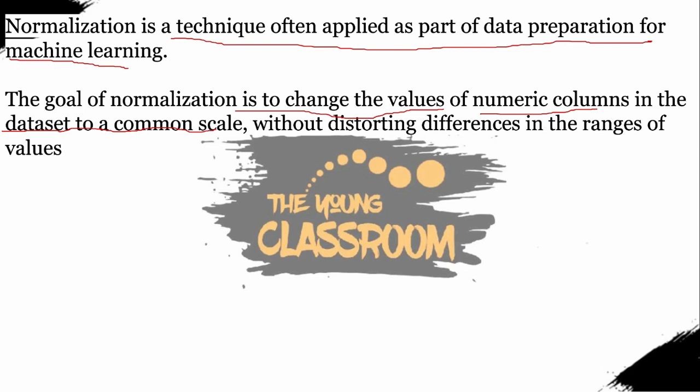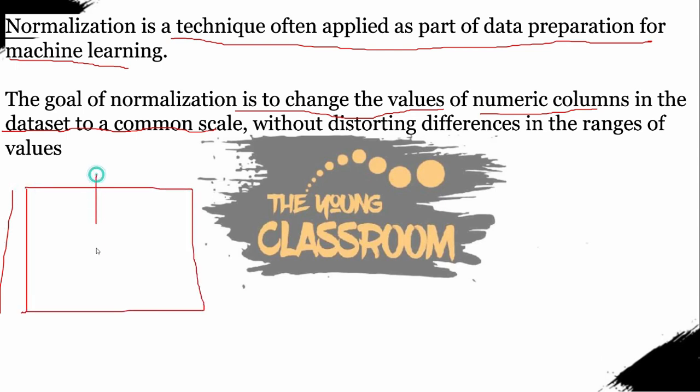Now what I mean is that, suppose you have a column of age in this one, and a column of salary in this column, and from these you are predicting whether a person qualifies for a loan or not, or something other than that.